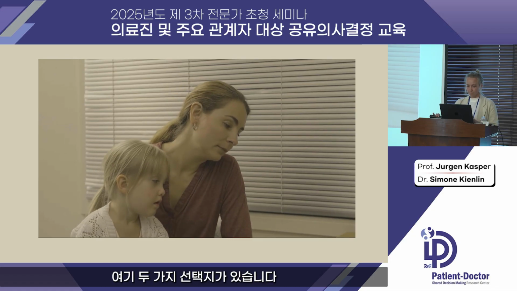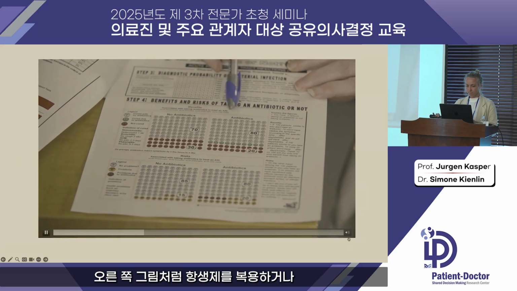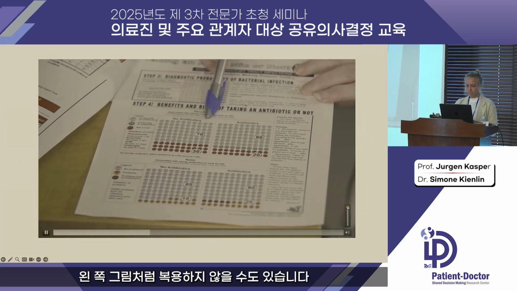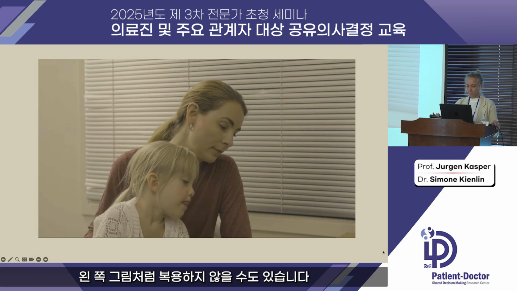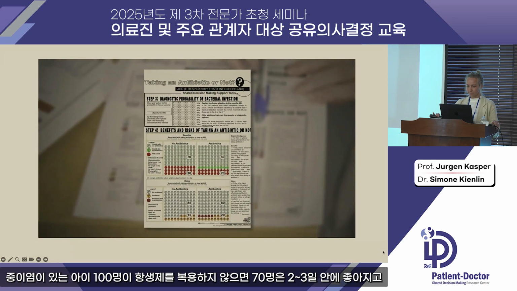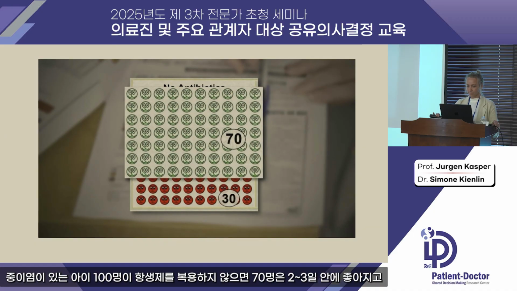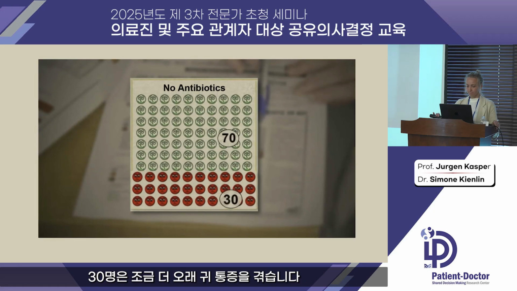You see here, you have 2 options. Either Evelyn takes the antibiotics, shown in this picture on the right, or she doesn't, shown in this picture on the left. If 100 children like Evelyn don't take antibiotics, 70 of them will feel better within 2 or 3 days, and 30 of them will have an earache for a little longer.